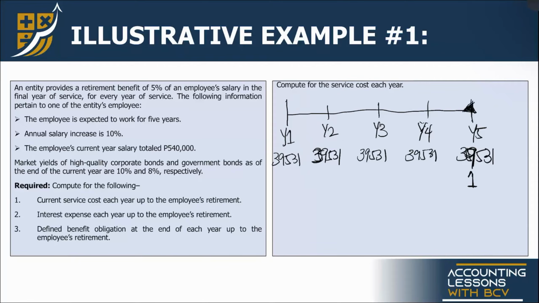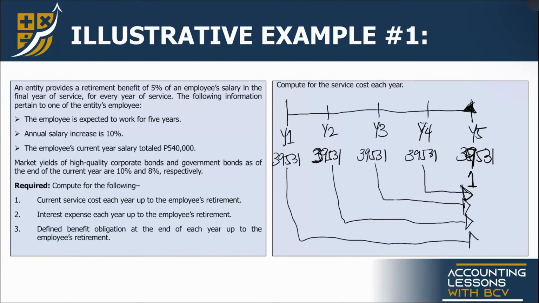Okay? So paano natin gagawin yung pagka-present value niya? So itong mga amounts na ito is ipo-project natin papunta dito, no? Ipo-project natin sila papunta dito. Yan. Ganyan ang scenario ng pag-determine ng service cost natin.